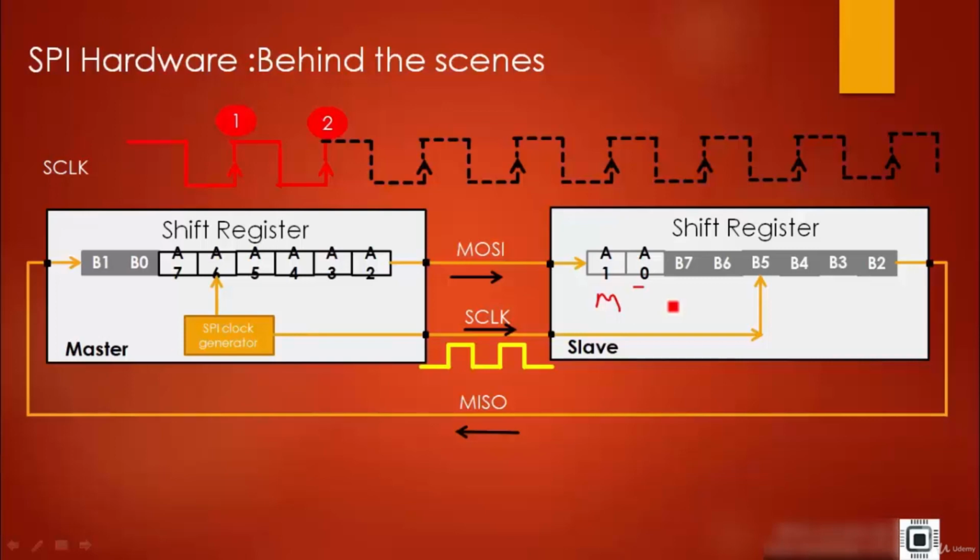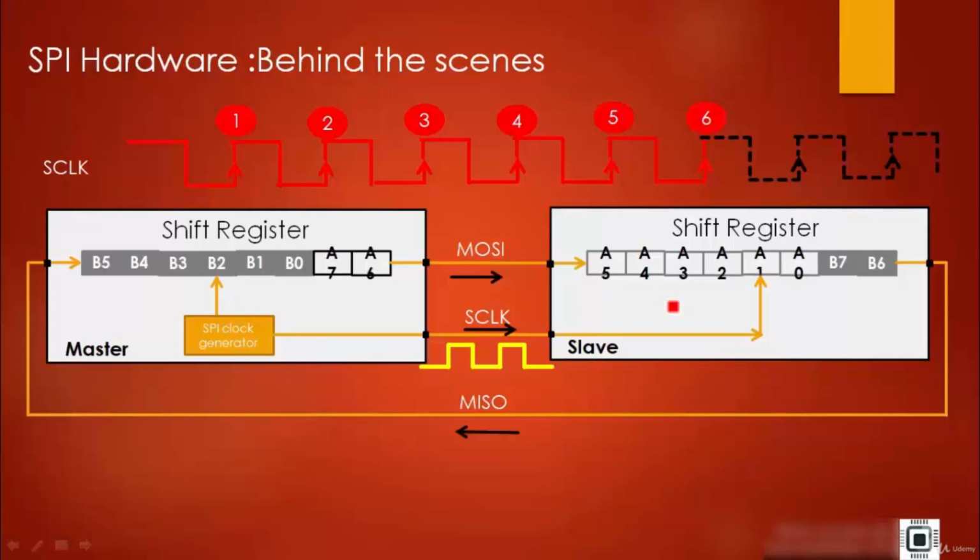And after the third clock cycle, A2 is moved, then A3, A4, A5, A6, A7. So after the 8th clock cycle, the data in the master's shift register is exchanged with the data in the slave's shift register, right? This is how SPI communication takes place behind the scene.